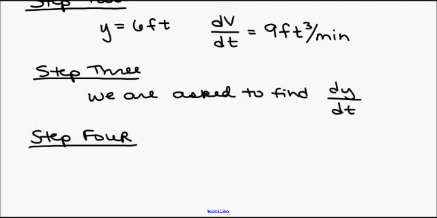Step 4: write an equation that relates the variables. You may have to combine two or more equations to get a single equation that relates the variable whose rate you want to the variables whose rates you know. We used this formula in the last problem: the volume of a cone is V equals 1/3 pi r squared h.